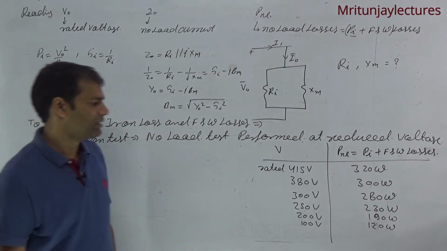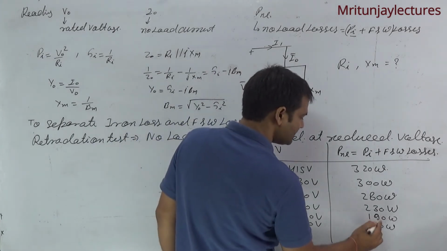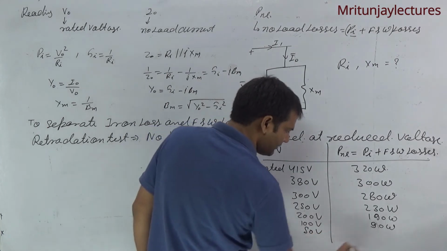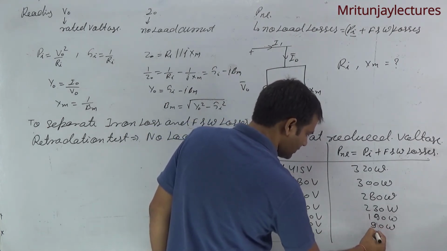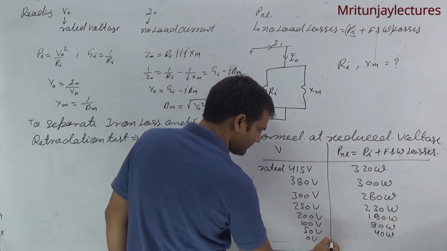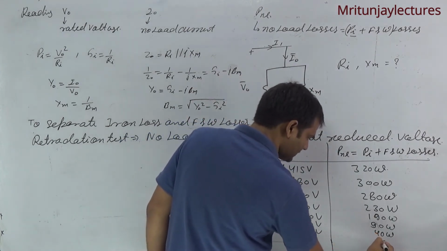Clear? Suppose that is 90 watt. If suppose 50 volt we got 40 watt, and suppose at 0 volt this is 30 watt. Clear?